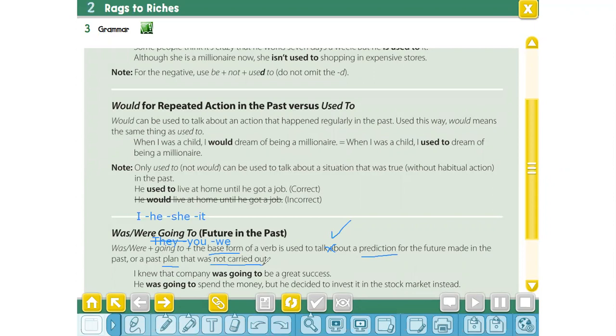For example, I knew that company was going to be a great success. Okay? This sentence is a prediction. Very good. So I use was going to for prediction.